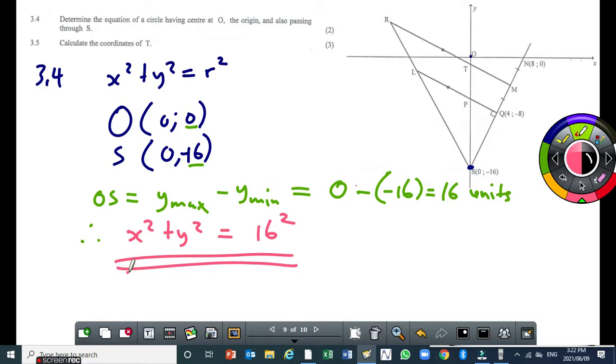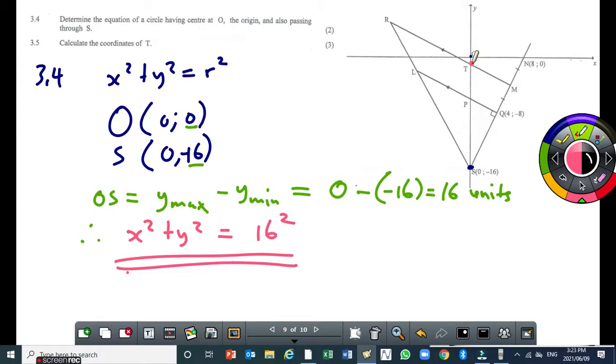But it was hidden, not direct. And also here, the proportion theorem. Because you are in grade 12, you're expected to integrate all those concepts, like calculate the coordinates of T. T is this point here. Do we know the gradient?